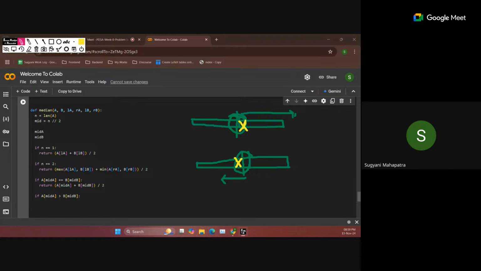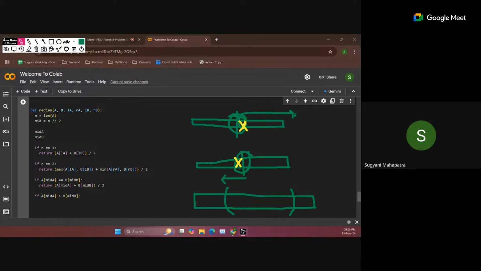I'm saying that these elements are somewhere around the middle of the range, like if we take the merged array, our median element should lie somewhere in this particular range. And what we are claiming is these two points lie somewhere in this range.